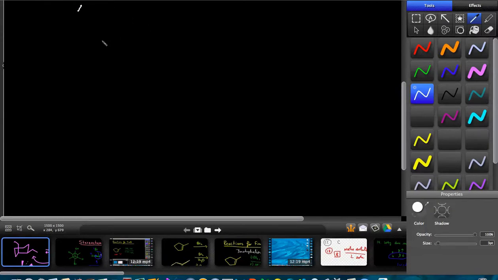Let's say that we have, I'm going to change this up just a tad. Make this a sulfur atom. Actually, you know what? I'm going to make it a nitrogen atom.